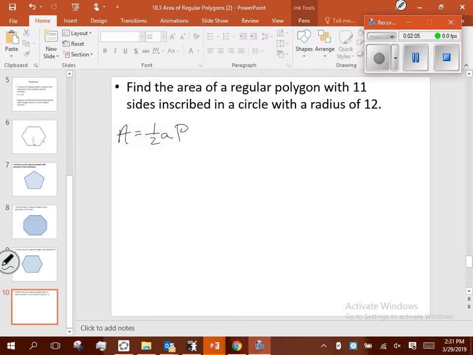So 1/2 AP is the best formula we can come across for all of these polygons. If I Google hexagon formula, it might show up something different. If I Google octagon formula, it might show up something different. There are alternative ways of maybe doing some of these things. But 1/2 AP is the most efficient way of addressing all your polygons, a regular polygon.